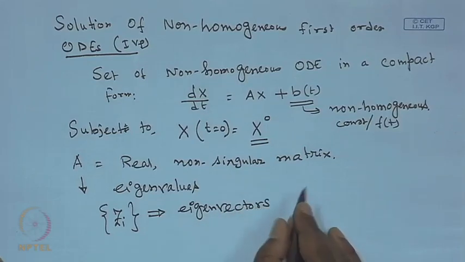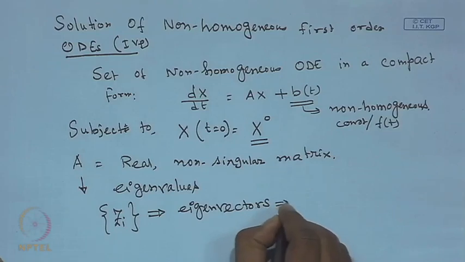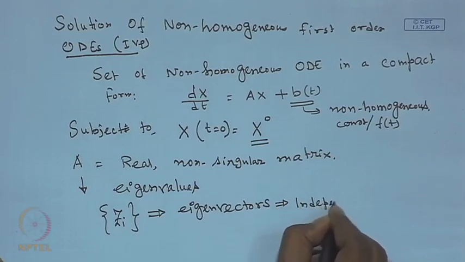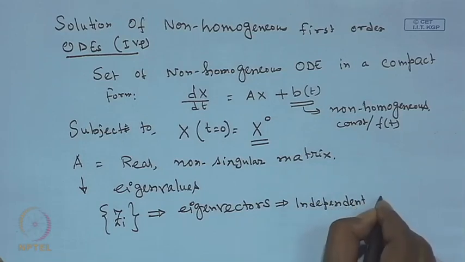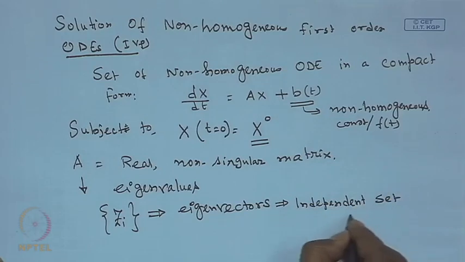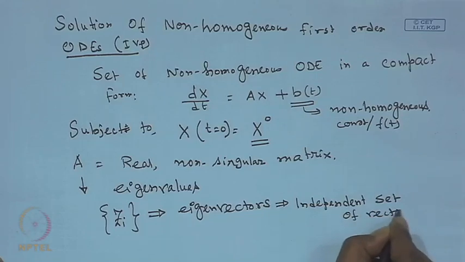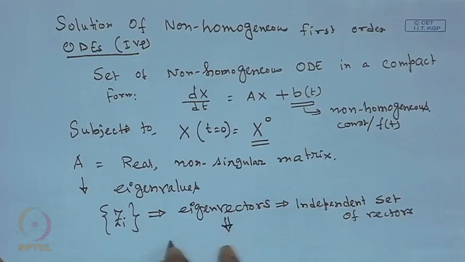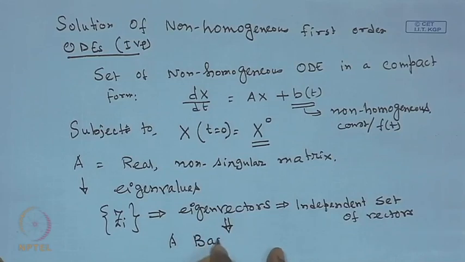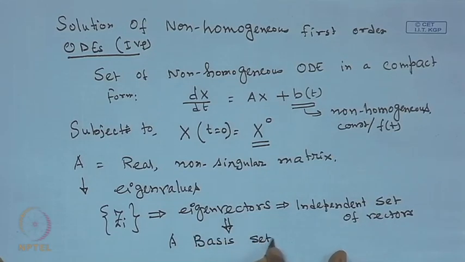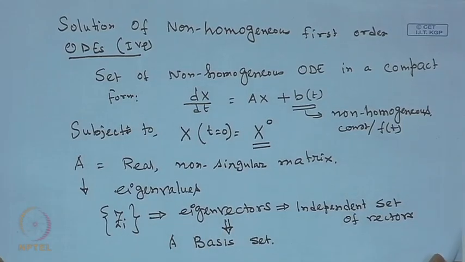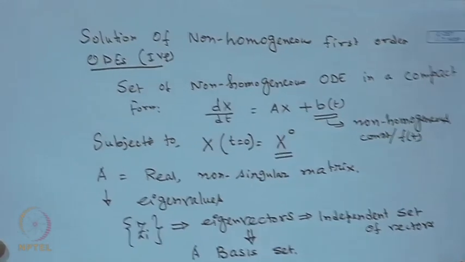Since eigenvectors form an independent set of vectors, as we have already proved earlier, they constitute a basis set. Therefore, any other vector in the domain can be expressed as a linear combination of the basis set vectors, or the eigenvectors of the matrix A.